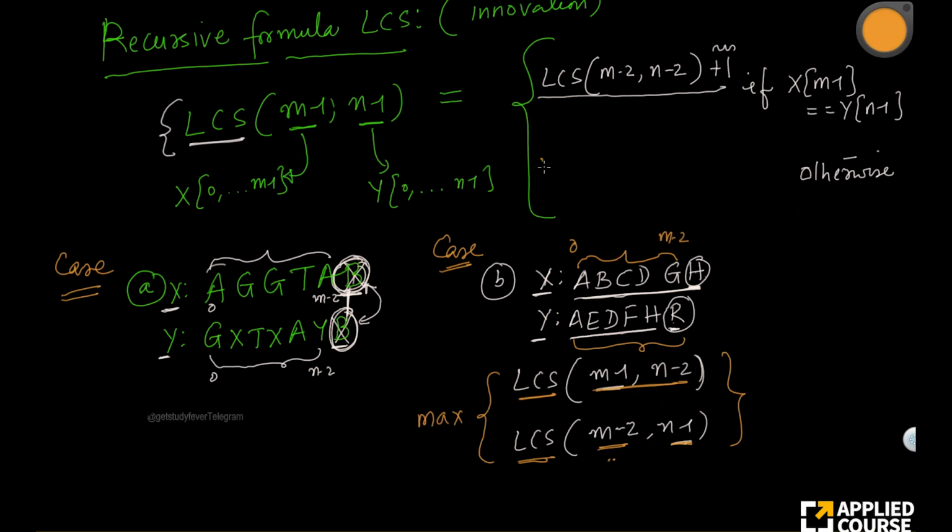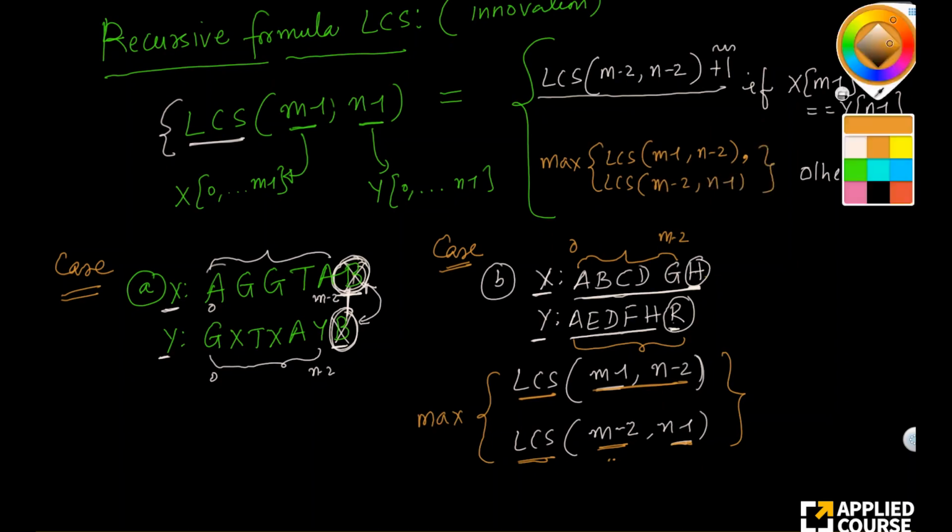Okay, so this can be written as max of LCS of M minus 1 comma N minus 2 and LCS of M minus 2 comma N minus 1. If you notice, there's a very important observation here.